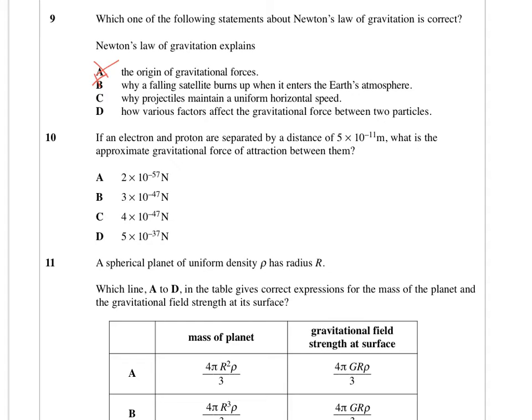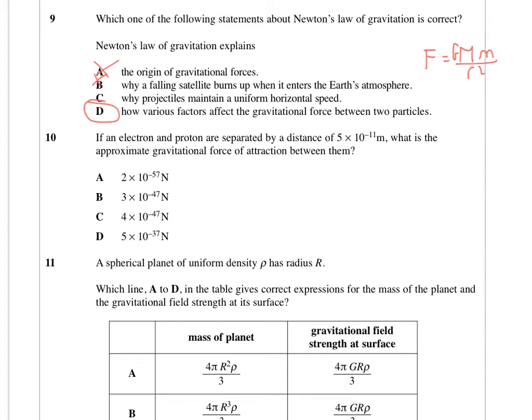How various factors affect the gravitational force between two particles. Yeah, that is exactly what it is. Remember Newton's gravitation is essentially like this equation here, so you're looking at two different objects and it expresses the force between them. So that's exactly what the law of gravitation is doing.